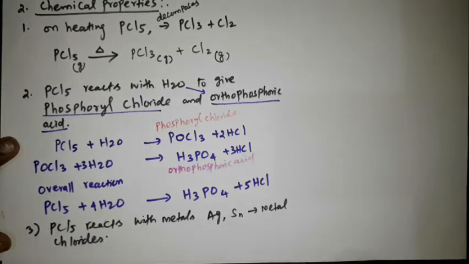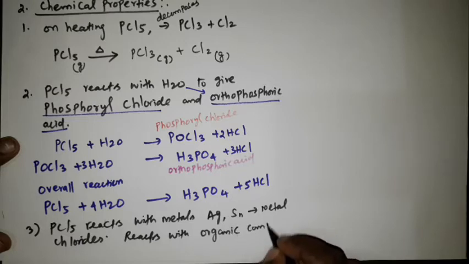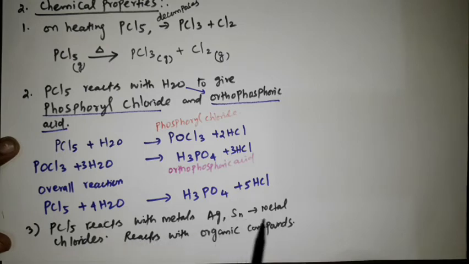It also reacts with organic compounds similarly to PCl3. So PCl5 reacts with metals, it will produce metal chloride. Also it reacts with organic compounds, so these organic compounds will be chlorinated by this PCl5. We will see the reaction.